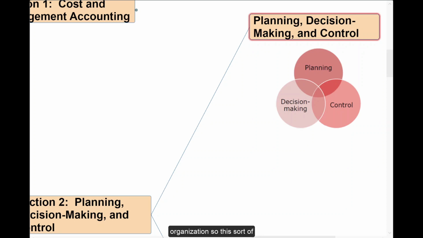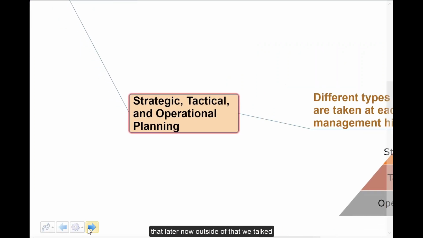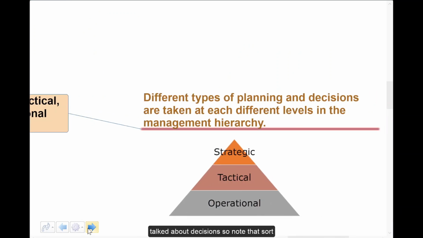So this three-pronged area of planning in the first instance, actions of some kind, perhaps comparing actual to budget, and indeed controlling and going around in a loop, is the key essence of management accounting. More of that later. Now, outside of that, we talked about information, and indeed, we talked about decisions.